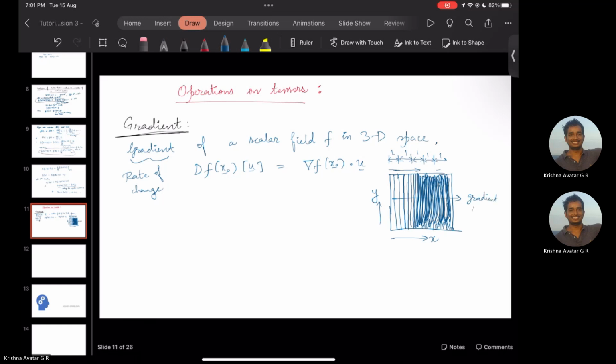In other words, there is a gradient in the x direction.